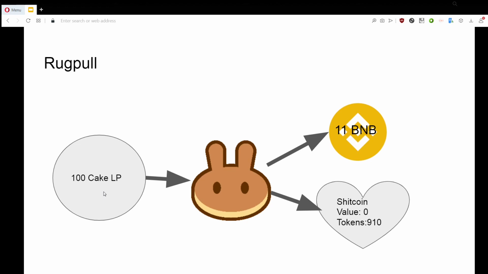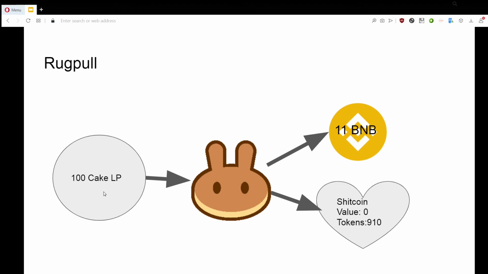The other method is that they lock the Cake LP. The way they do that is they transfer it to a website, or a DX sale, or there are other websites like this, which have a smart contract where they lock the Cake LP for a certain period of time, which can be as short as 1 hour, in which case probably after it's unlocked they are going to rug pull the token, or can be as long as, whatever, 99 years, it doesn't really matter.